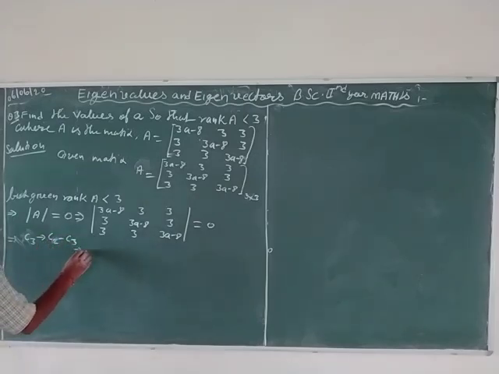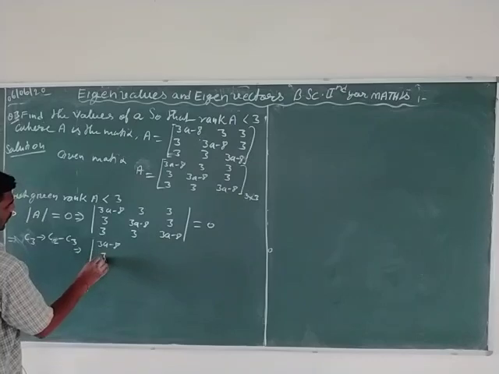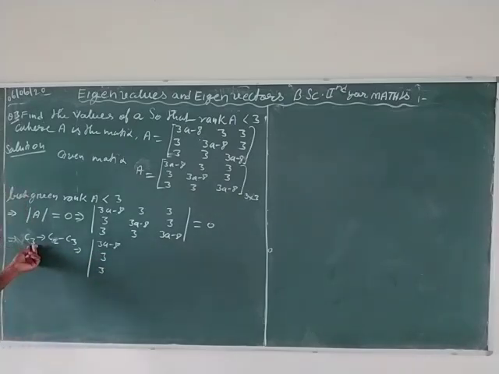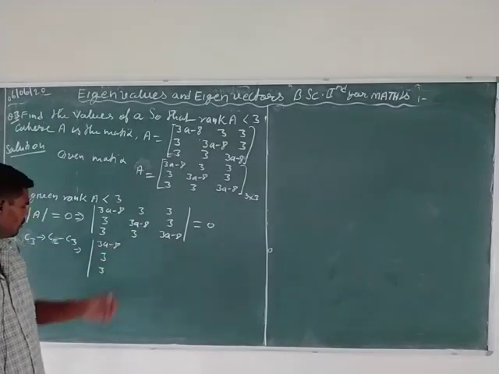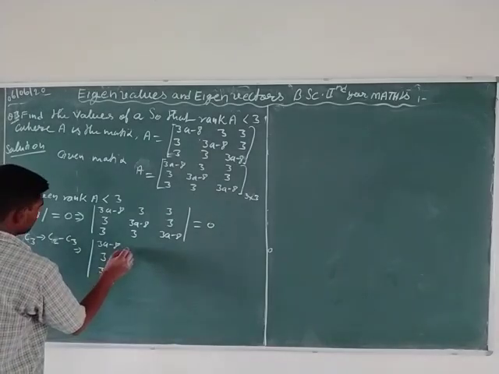So it implies that the determinant of 3a minus 8, 3, 3, with the column C3 subtracted from column 2, while column 2 is the same as before.